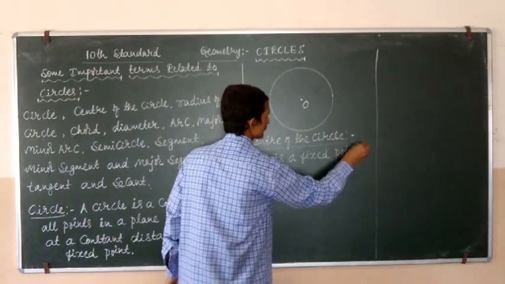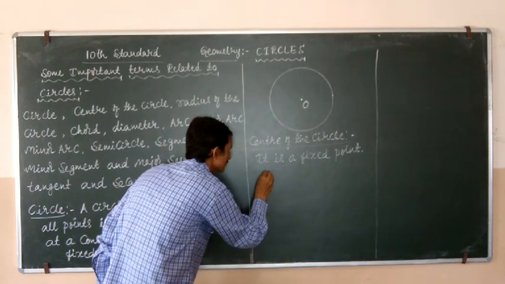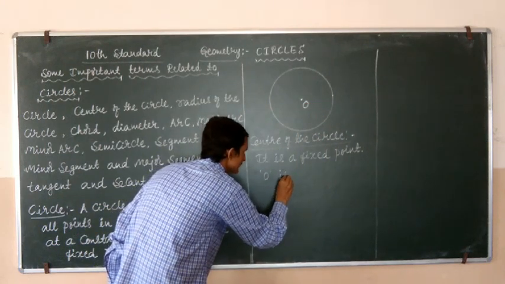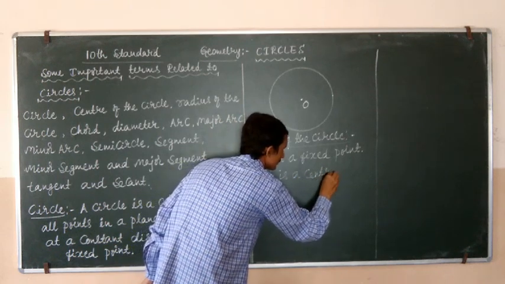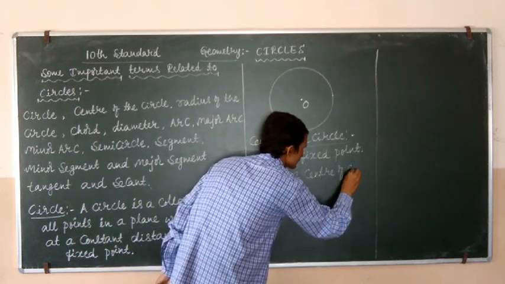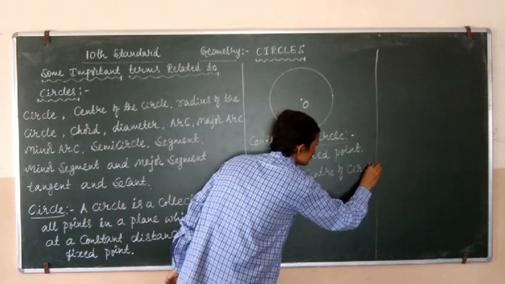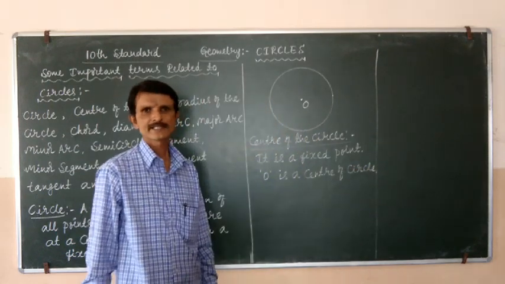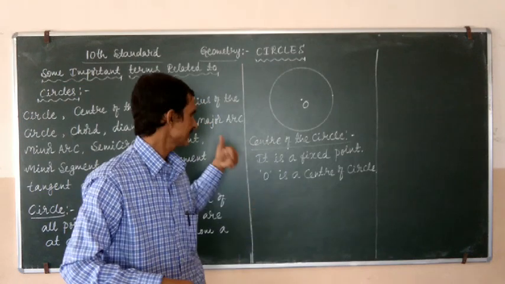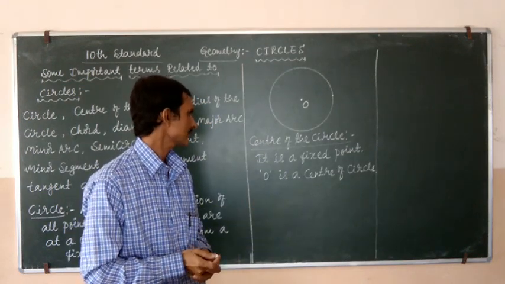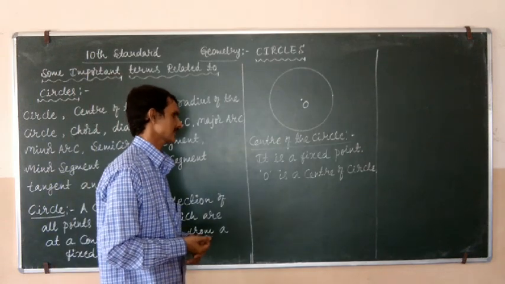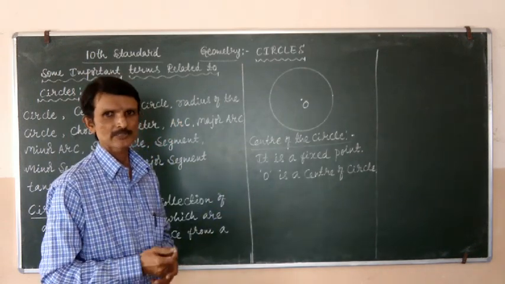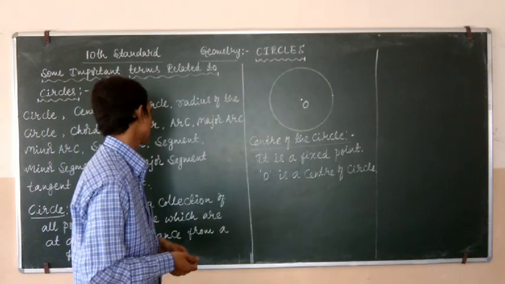Therefore, O is the center of the circle. You can give any alphabetical name for the center of the circle, but generally we give O to the center of the circle.